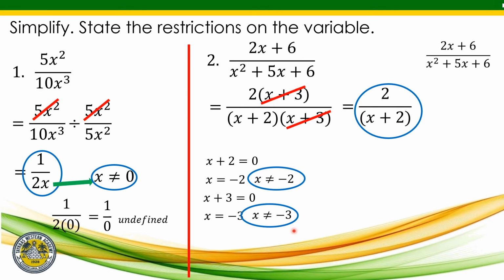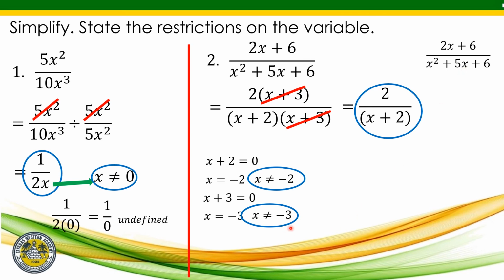Let us check. So, copy natin yung given natin na formula, na ating, hindi siya formula, siya ay rational expression. So, 2x plus 6 over x squared plus 5x plus 6. Palitan lang natin yung variable x natin nung nakuha nating value. So, una muna ay negative 2. So, lahat ng variable, papalitan natin ng negative 2.